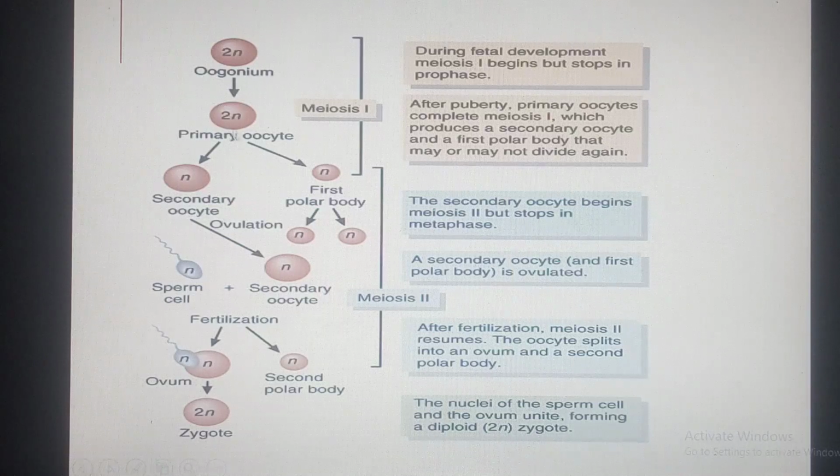The primary oocyte will then go through the first meiotic division. After the first meiotic division, there are two haploid cells. One of the cells is a polar body, the first polar body from the first meiotic division of the primary oocyte.